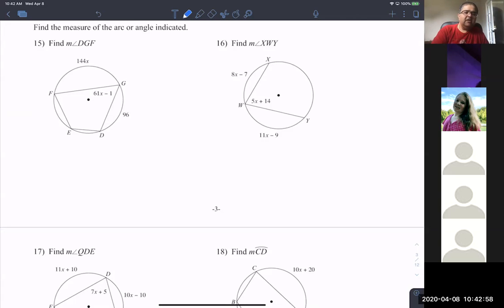Okay, I want you guys to look at number 15. See what y'all can do with number 15. This is the type of problem that you're going to get quite a frequent amount of.